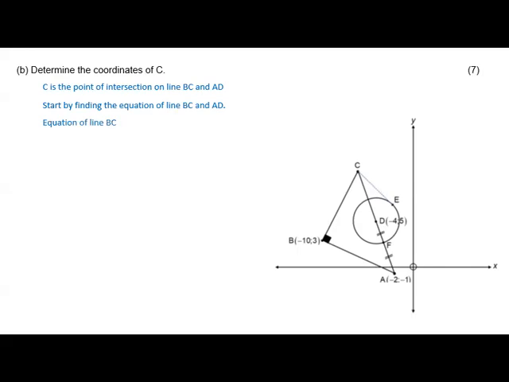Let's start with the equation of line BC. You will notice that with line BC, I can't find the equation because for me to find the straight line equation, I need one point that lies on that line, which is B, but I also need the gradient of that line. And for BC, we do not have the gradient. So now, what are we going to do?